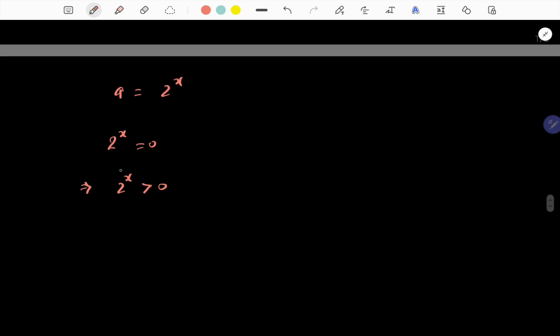So 2^x = 0 is not a valid solution. It is not possible.